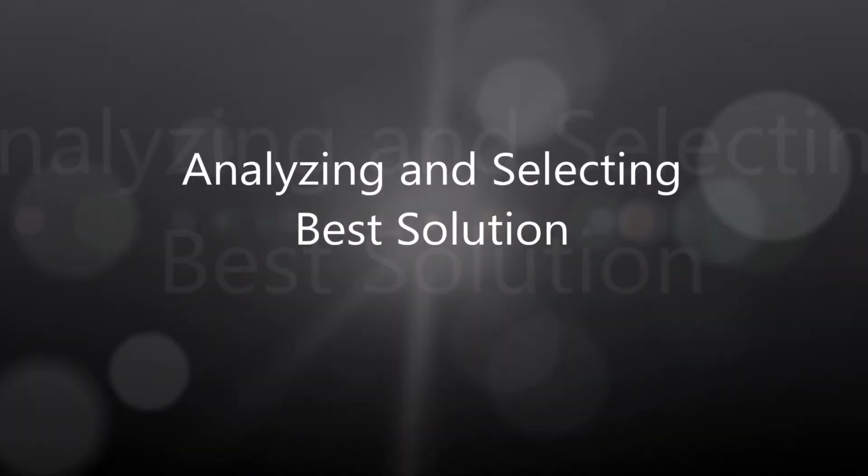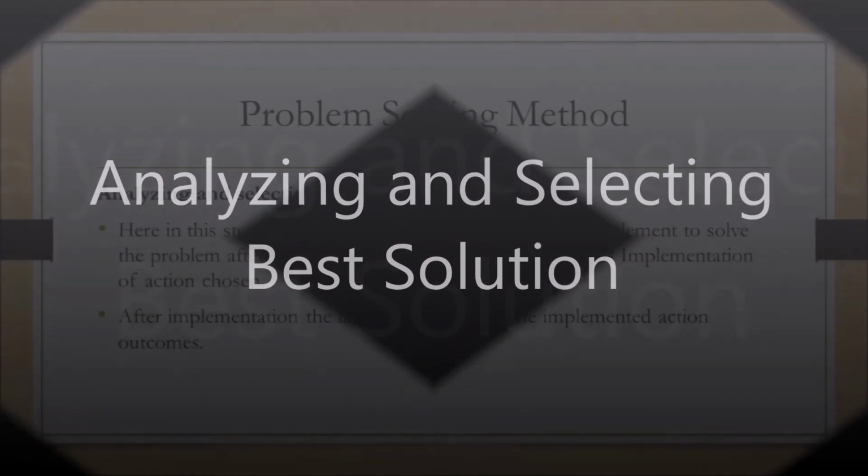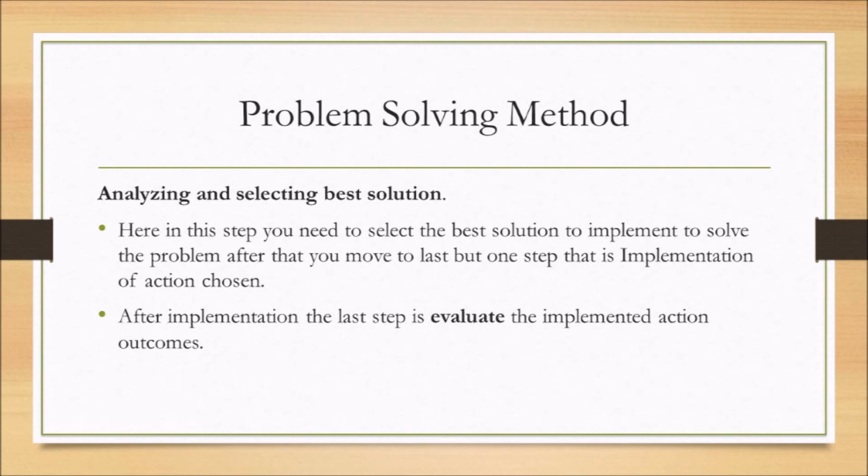The next step is analyzing and selecting the best solution. Here in this step you need to select the best solution to implement to solve the problem. After that you move to the next step, that is implementation, that is, the action you have chosen to solve the problem, that action you are going to implement in this step.